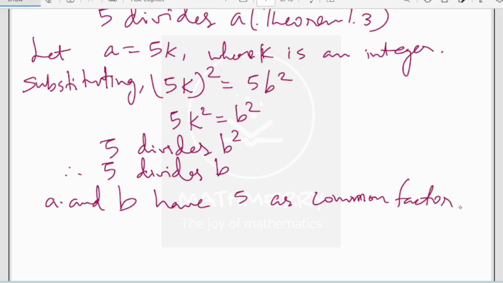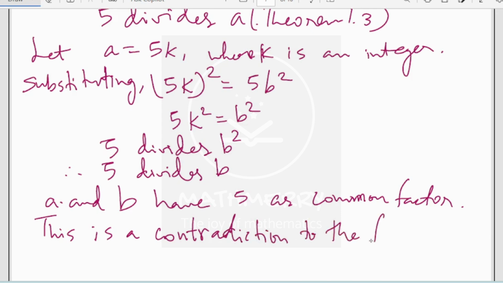If 5 is a common factor, that means this is a contradiction to the fact that a and b are coprime.